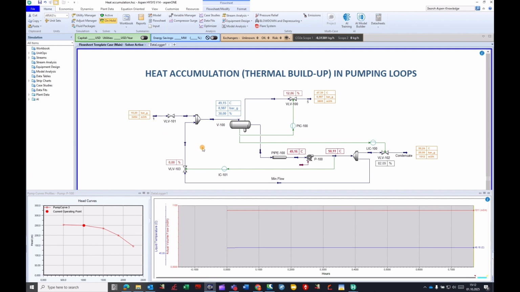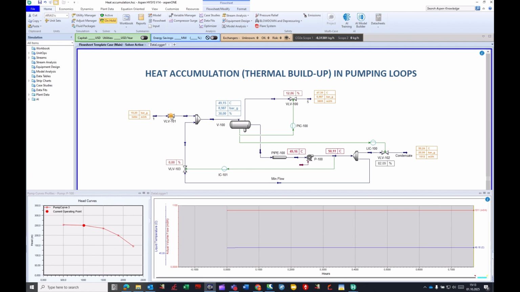In this situation, for reduced flow, the increase in temperature is not infinite. So it's a finite change in the temperature, and it's wise to find out for any reduction in the production what the maximum steady state temperature is when the pump is going through minimum flow recirculation, partial recirculation.